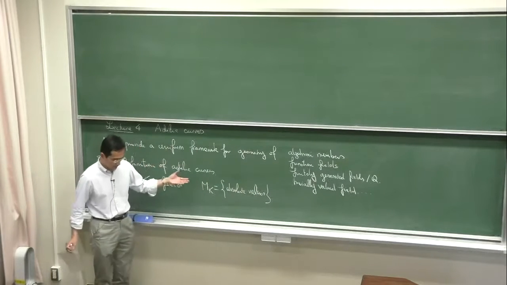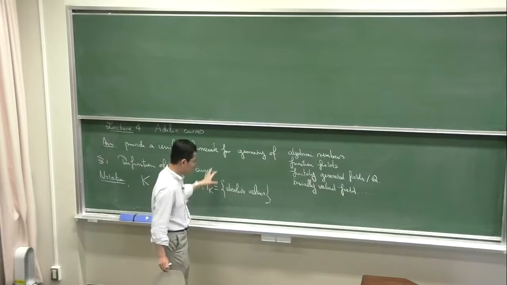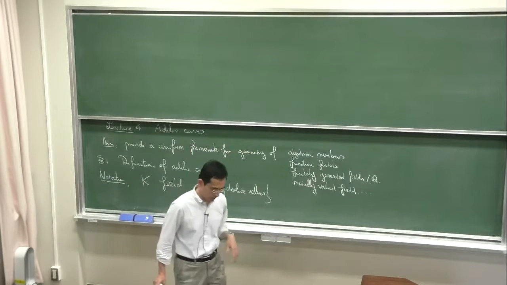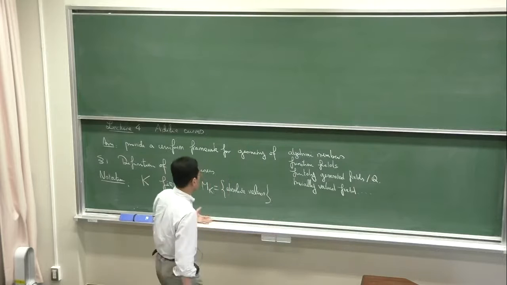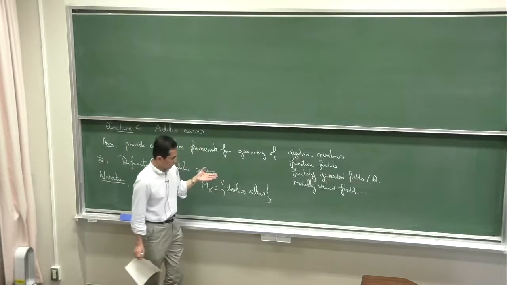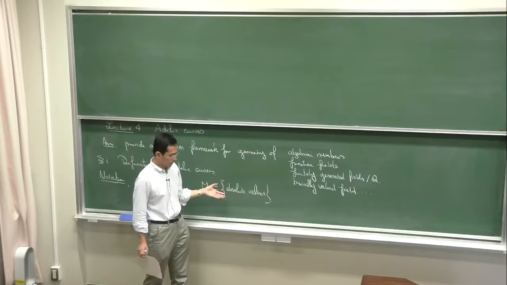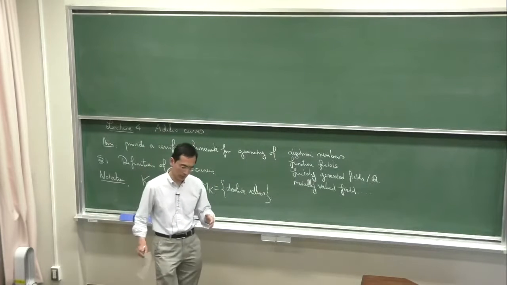There is a slight difference between M_K and Sigma_K for the case where K is Q. Here we consider all possible absolute values, not only equivalence classes of absolute values.